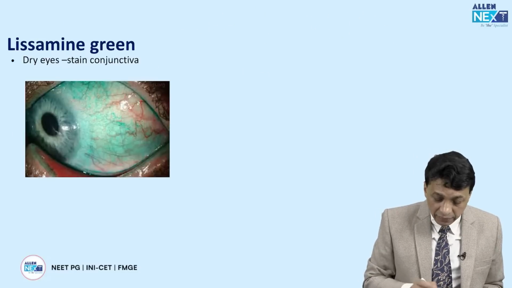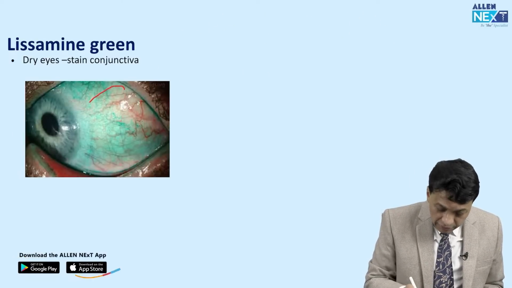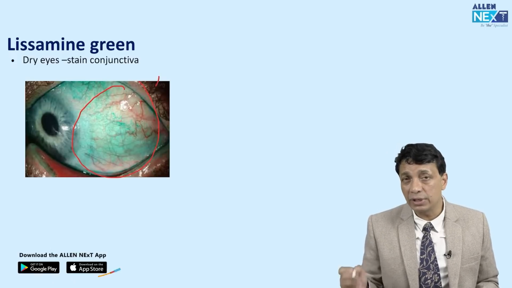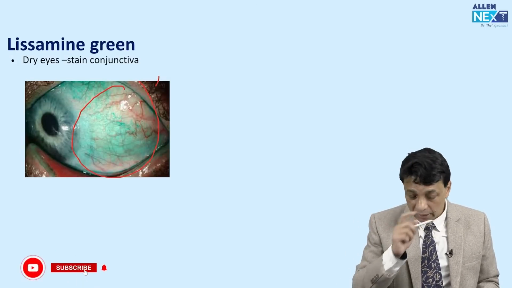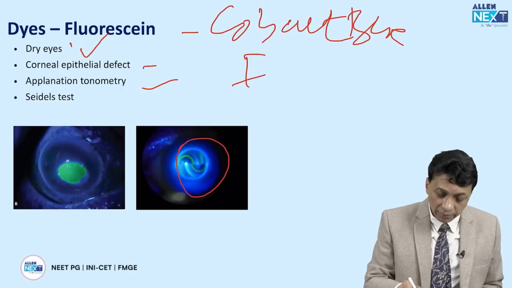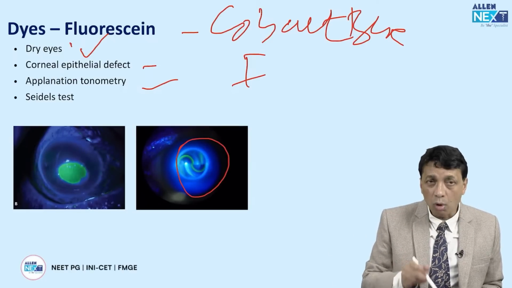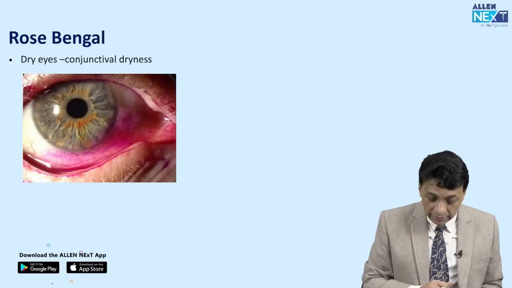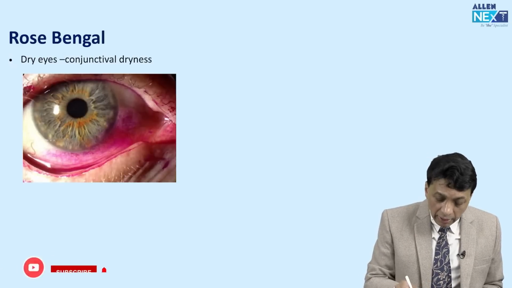The next important dye is lissamine green, which you see stains the area of the conjunctiva in dry eyes. Remember, lissamine green stains the conjunctiva, unlike fluorescein, which stains the cornea in dry eyes. Fluorescein stains the corneal dryness, and lissamine stains the conjunctival dryness. The next is rose bengal, also for conjunctival dryness.